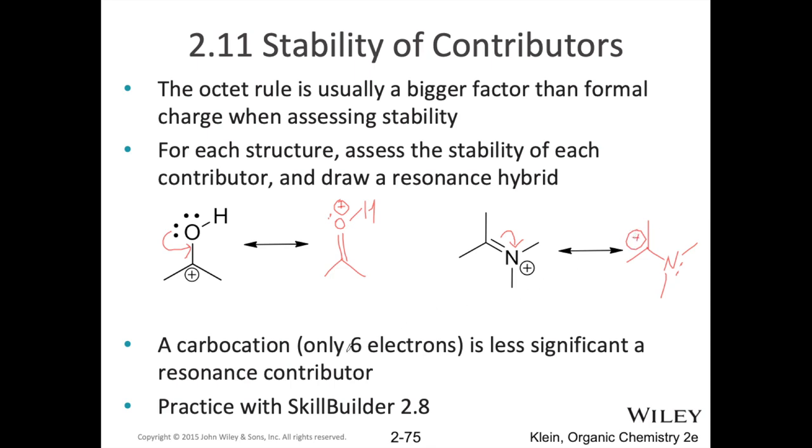But again, the key thing is that, remember, when it comes to picking between the two, going under the octet rule is considered worse than having a positive formal charge on a nitrogen. So this structure on the left is the more significant resonance contributor.